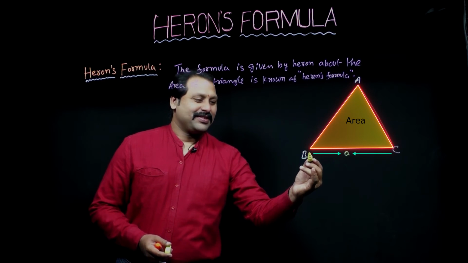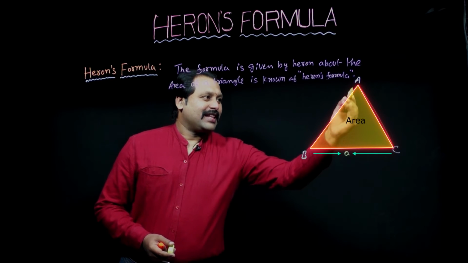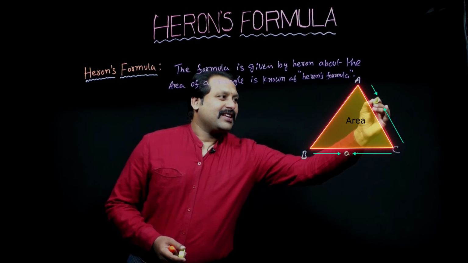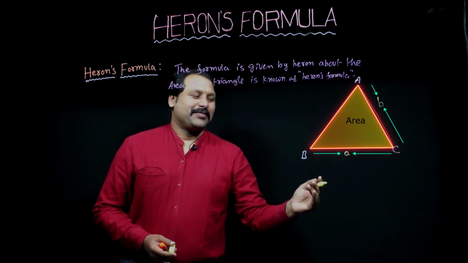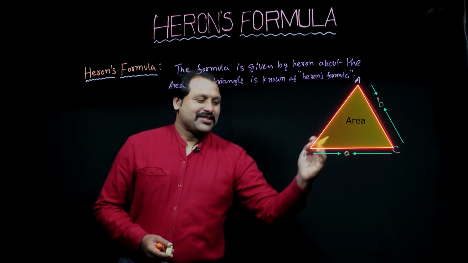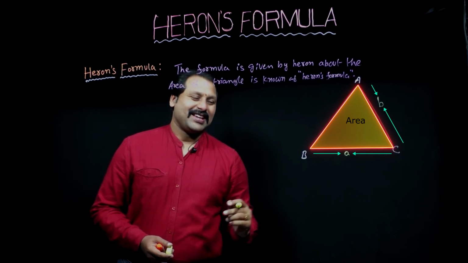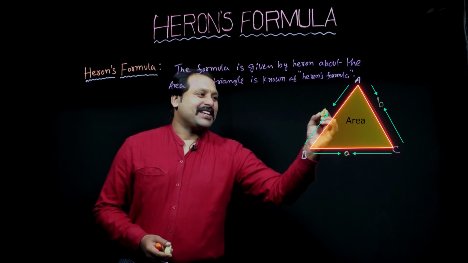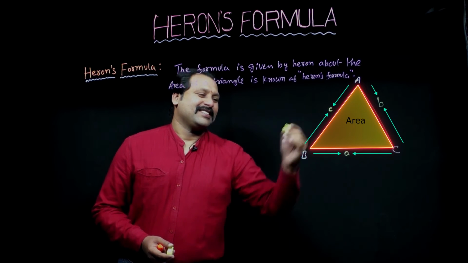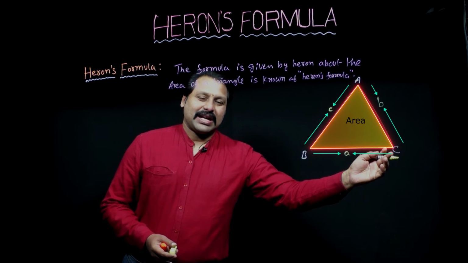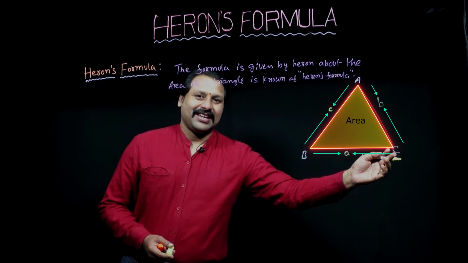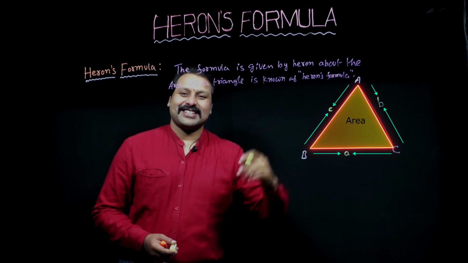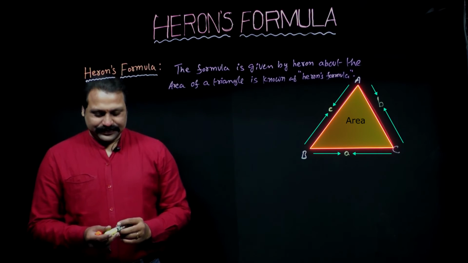Similar concept: the length of AC is small b, because this side is opposite to the vertex B. Similarly, the length of AB is small c, because the side opposite to the vertex C is AB. That's why this is treated as small c.